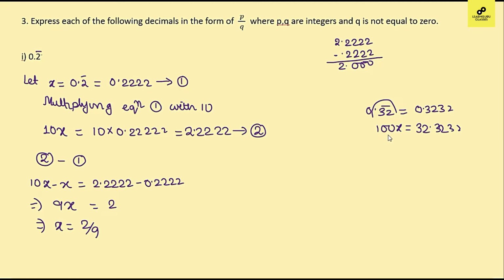So this is the general rule: you have to see how many digits are under the bar. You multiply by 10x if one digit is under the bar, 100x if two digits are under the bar, 1000x if three digits are under the bar, and so on. Okay, the things will be more clear once we proceed to the next sum.